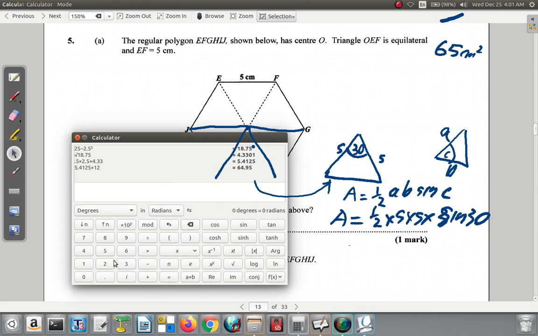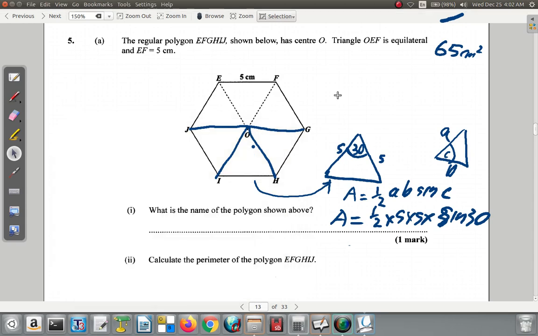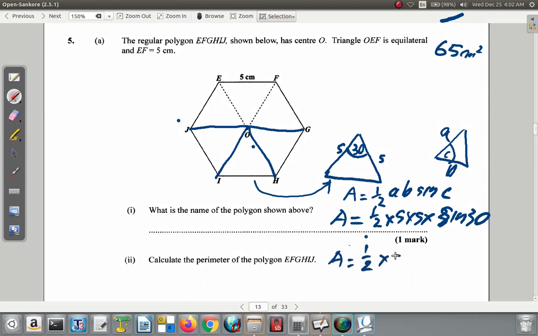So in this case, you would say sine of 30 degrees equal, and you will get your half. So the area of this triangle here would be half by 5 by 5 by half, because the sine of 30 is half.